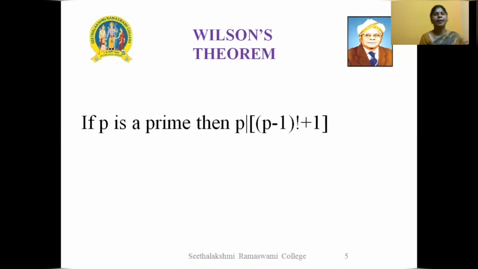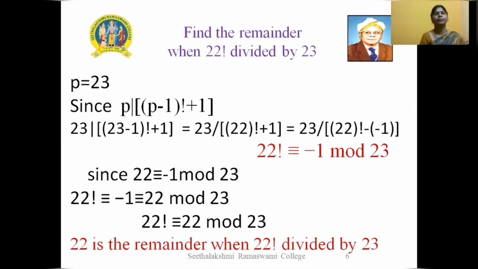Next, Wilson's theorem. The statement is, if P is a prime, then P divides P minus 1 factorial plus 1. The application of Wilson's theorem: find the remainder when 22 factorial is divided by 23. Comparing with Wilson's theorem, P is equal to 23.